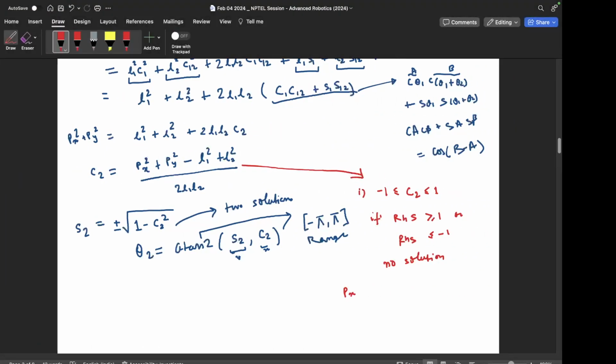So if px square plus py square is greater than, let's say, the total length of the manipulator.